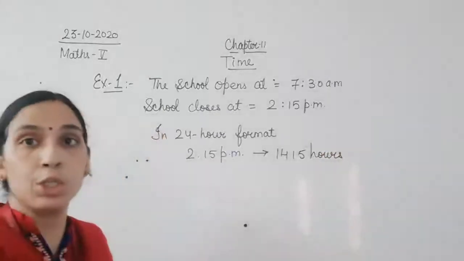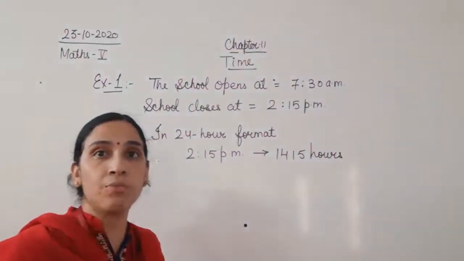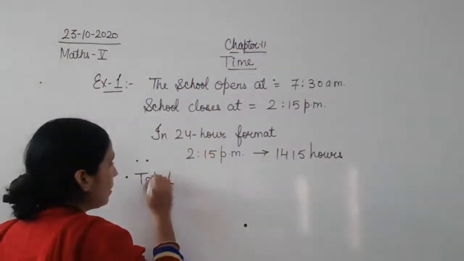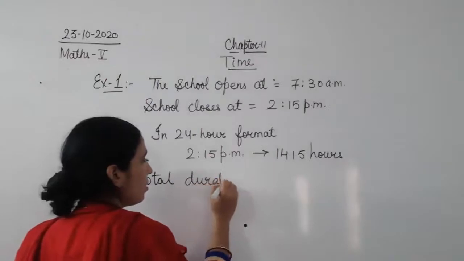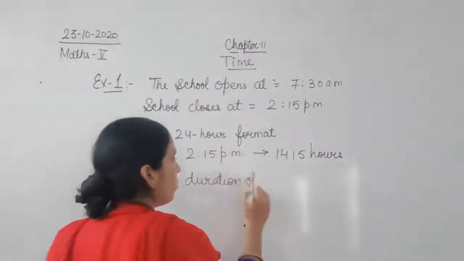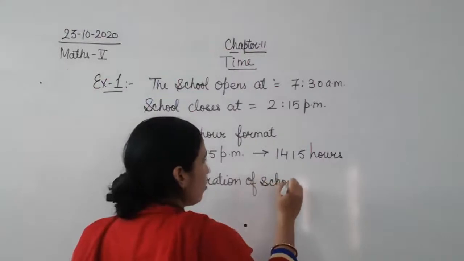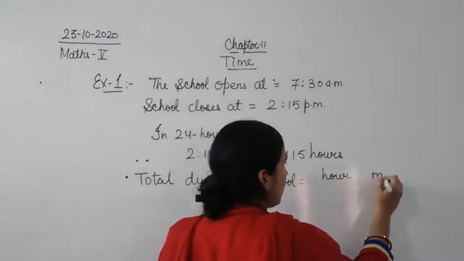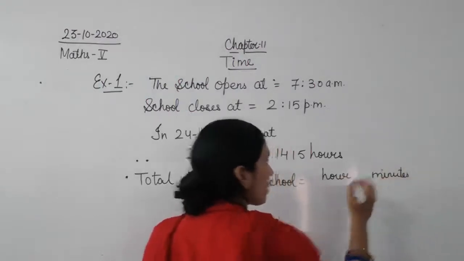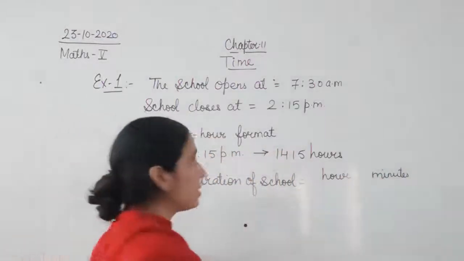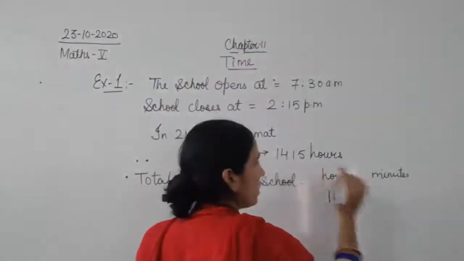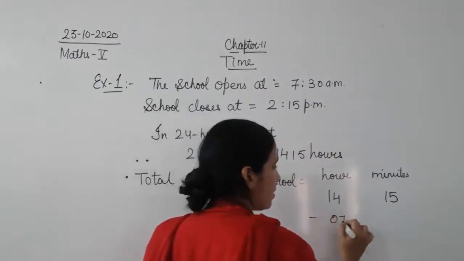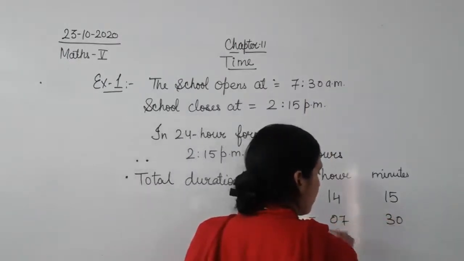After writing 14:15 hours, we will do subtraction. To find the duration of time, you need to do subtraction. So total duration of school: we will write hours and minutes. 14 hours 15 minutes, subtract 7 hours 30 minutes.